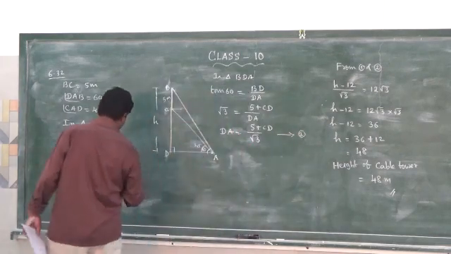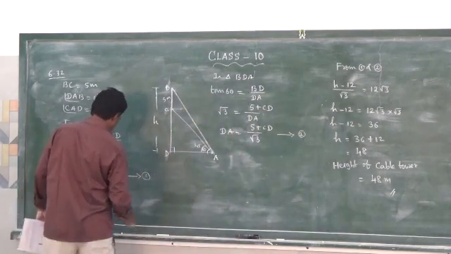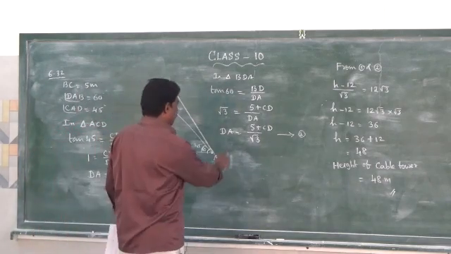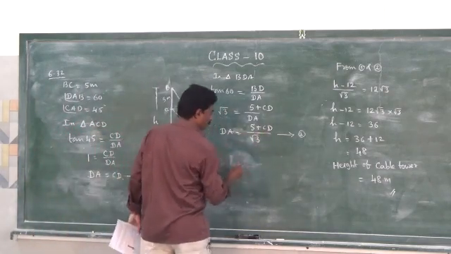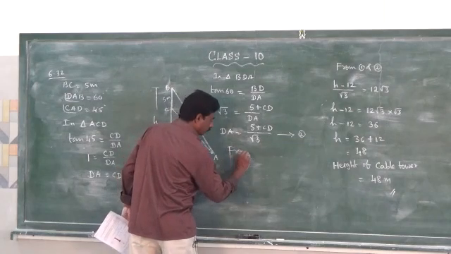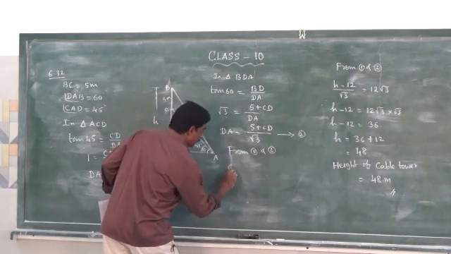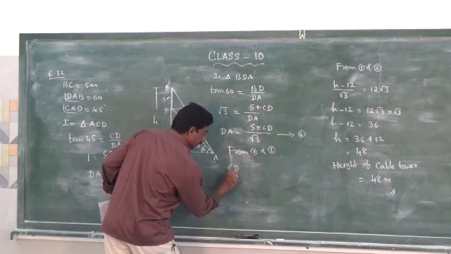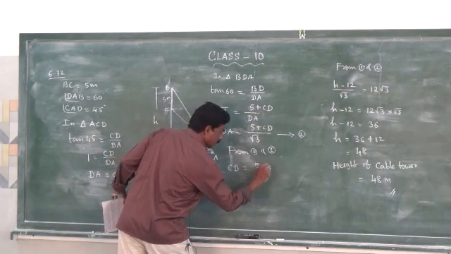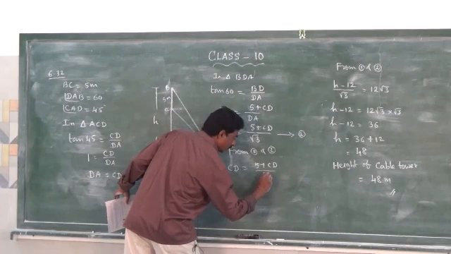Now from 1 and 2, DA equal to CD, here DA equal to 5 plus CD by root 3. From 1 and 2, instead of DA we can write CD equal to 5 plus CD by root 3.